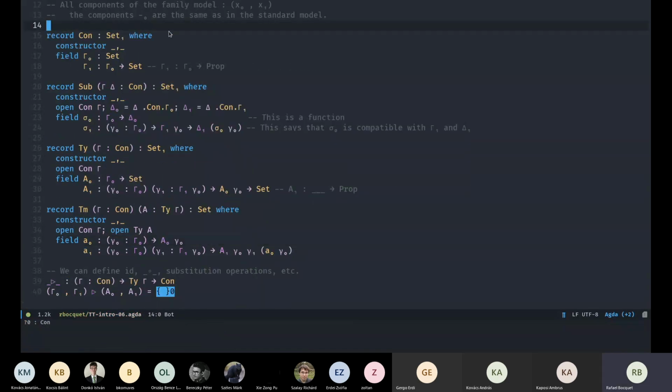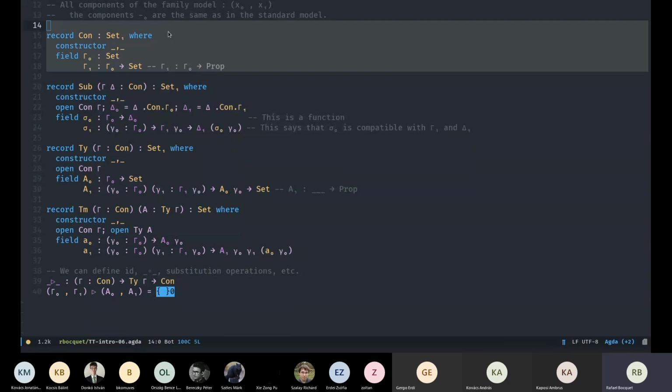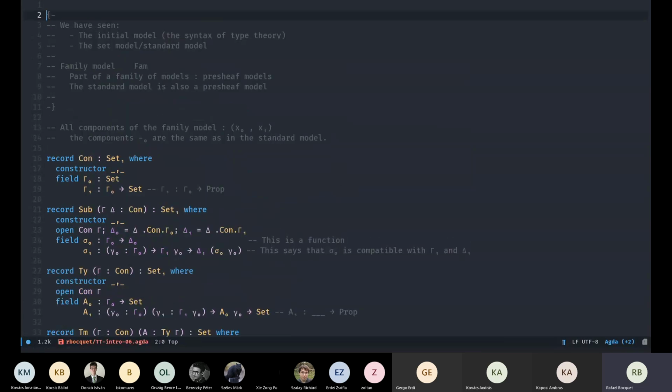Okay, then I need to introduce sigma types in the meta theory.